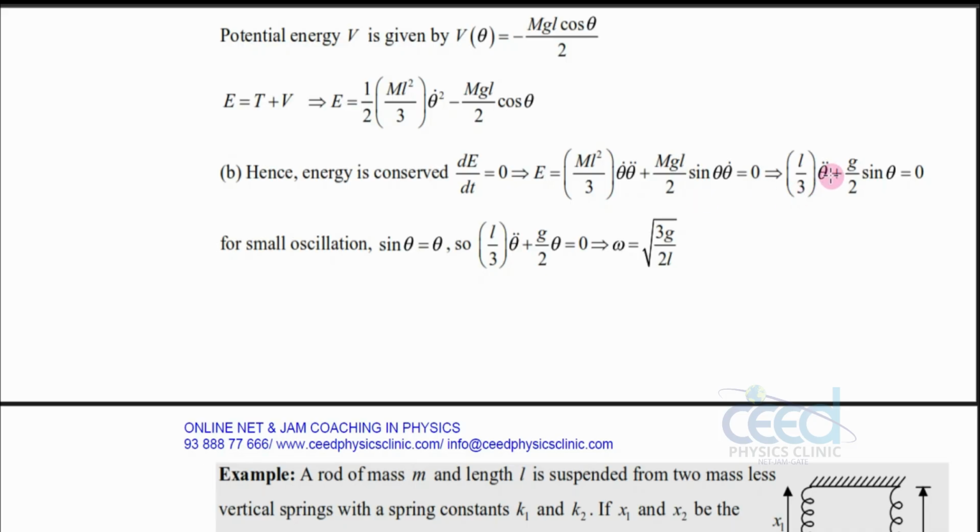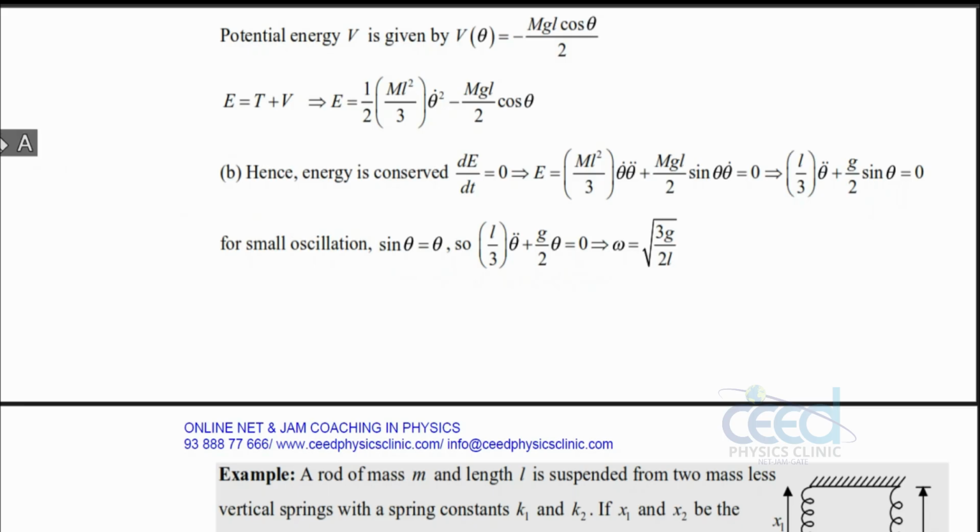We can take out the mass, and L by 3 theta double dot plus g by 2 sin theta is equal to 0. Then in a small oscillation theta is very small, so sin theta is theta. Then L by 3 theta double dot plus g by 2 theta is equal to 0.